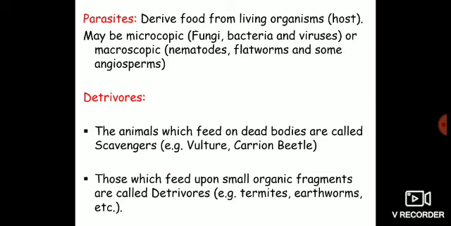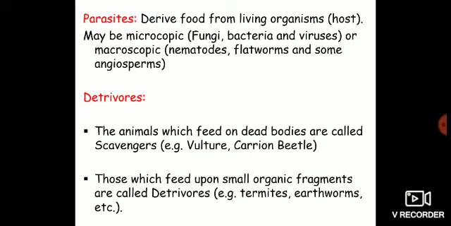Now the detrivores, those animals, sorry, this is detrivores and scavengers. Okay, I forgot to write here the scavengers. Those animals which feed on dead bodies of other animals are known as scavengers. They do not cause decomposition.